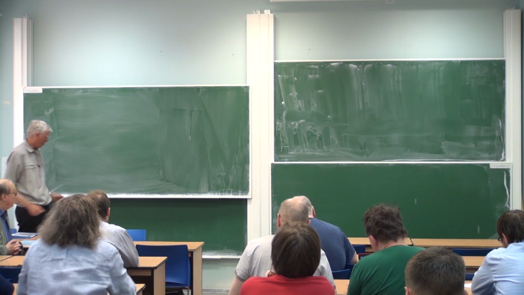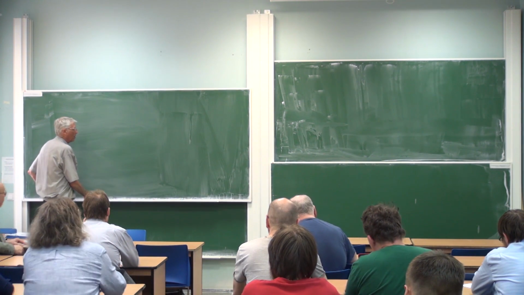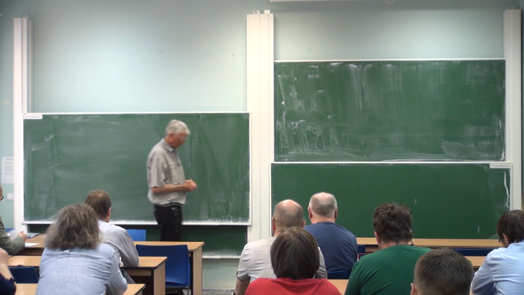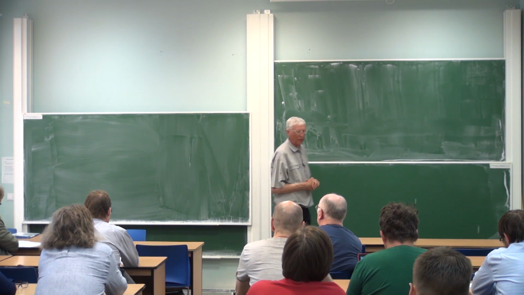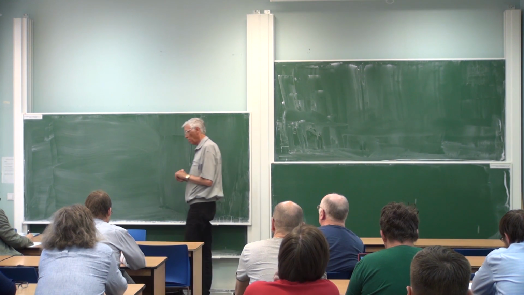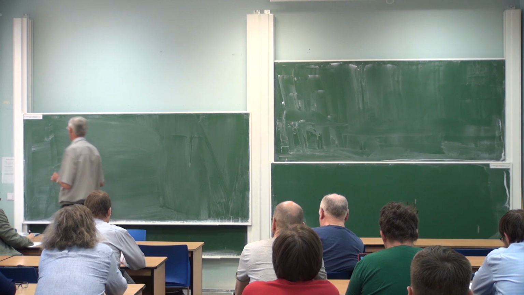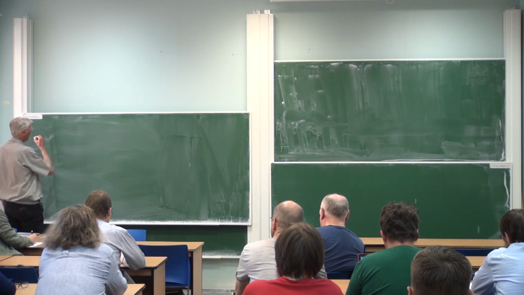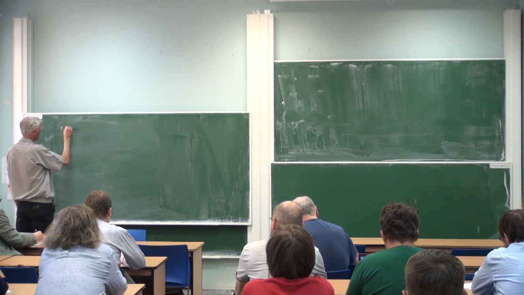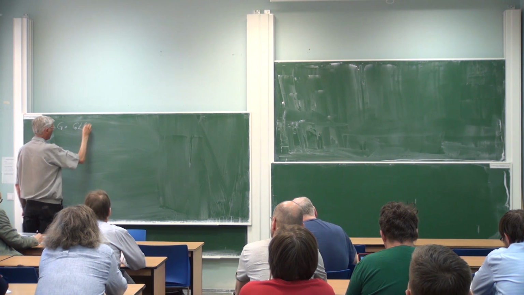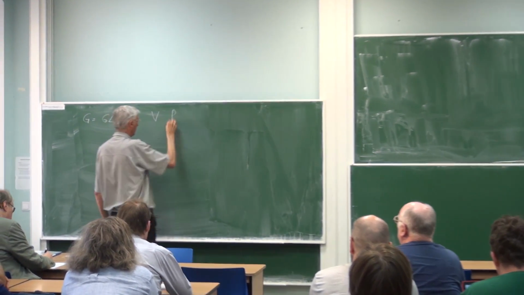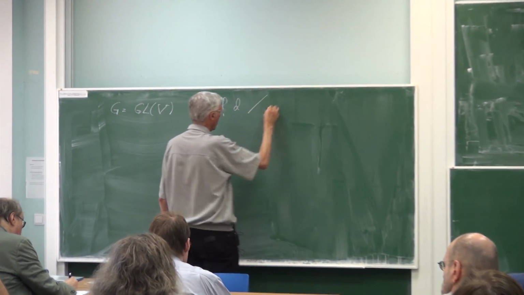I want to tell a story about the development of a particular topic in representation theory. I want to start out with a special case. I want to consider the general linear group on a finite dimensional vector space over some field.